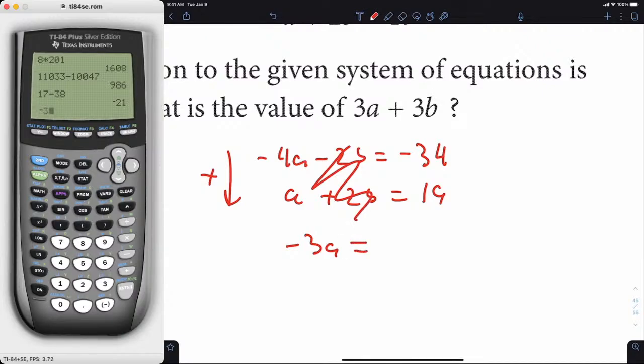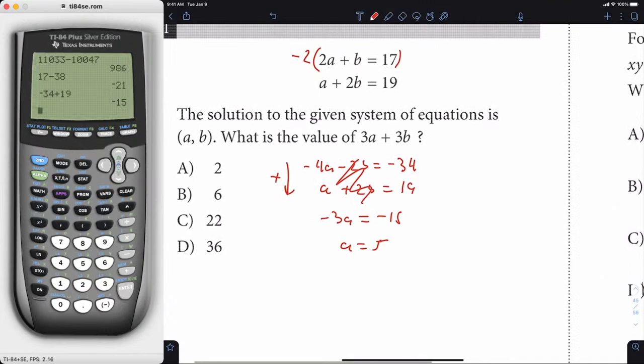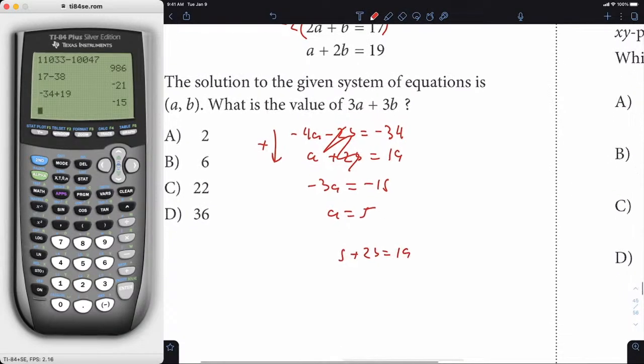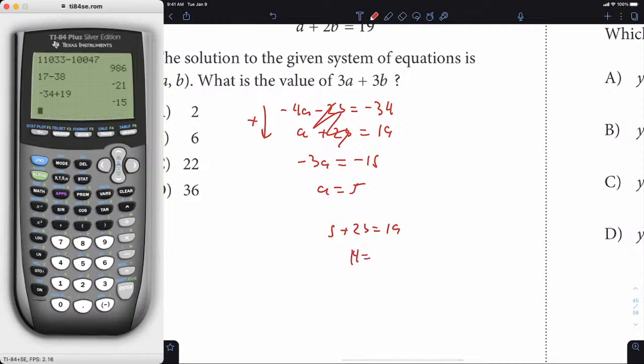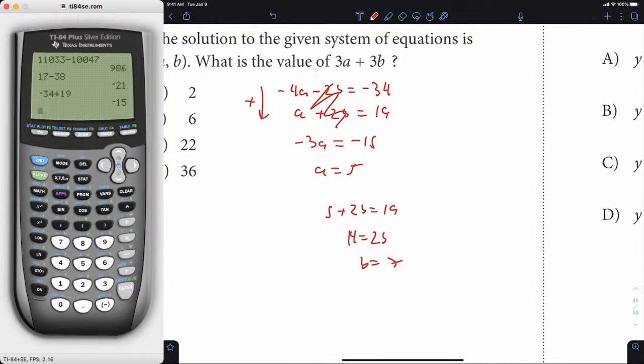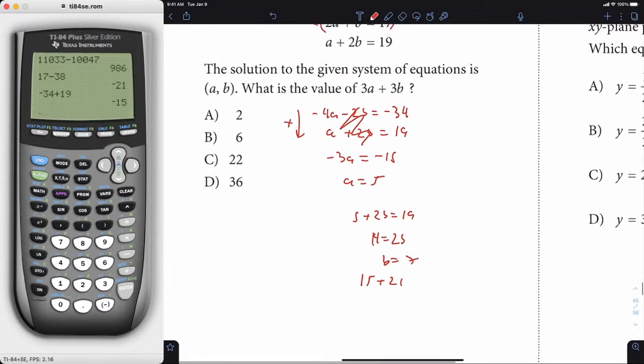So negative 34 plus 19 is negative 15. Okay, there we go. A is going to equal 5. Plug 5 back in for A, so 5 plus 2B equals 19. Subtract 5, so 14 equals 2B. B is 7. So 3 times 5, which is 15, plus 3 times 7, which is 21, is going to be 36, or D.